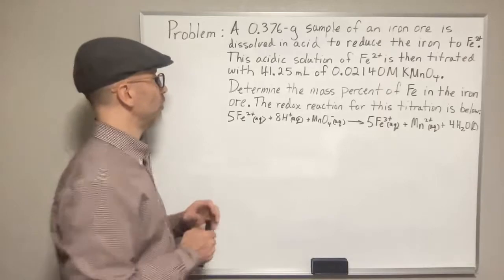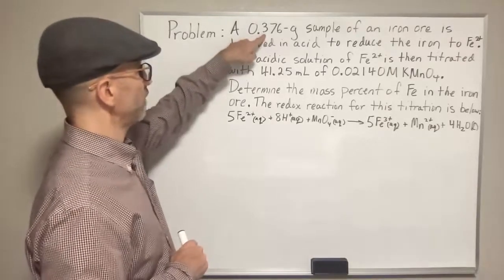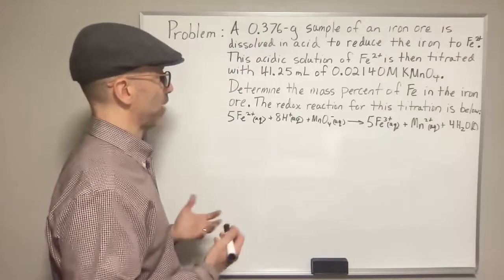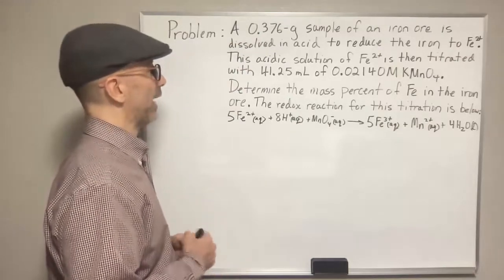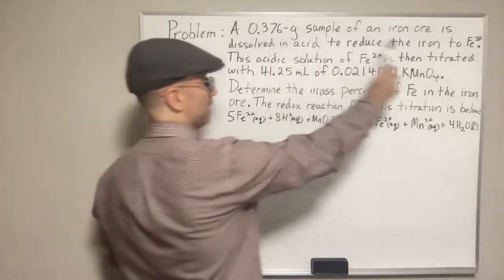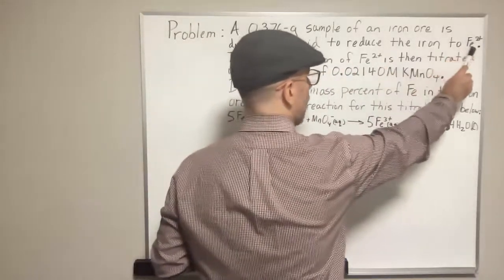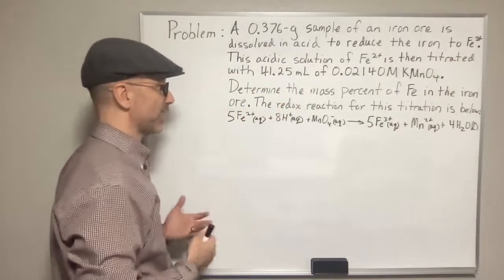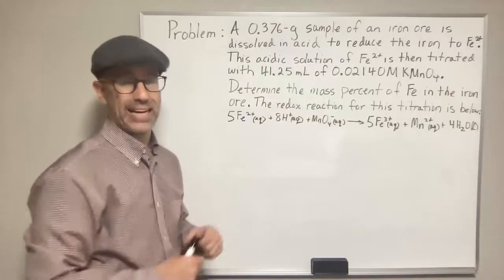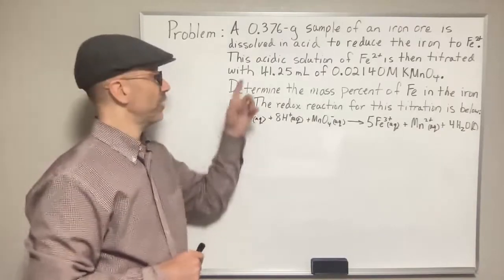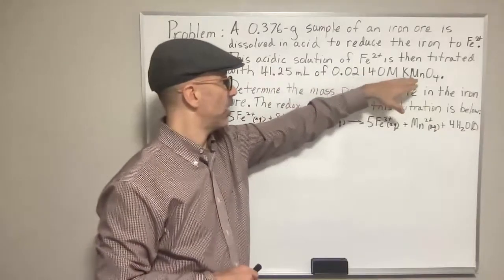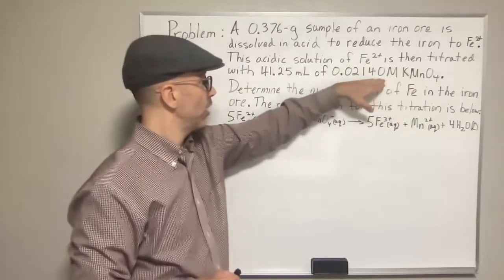All right, so they're giving us this sample of iron. It's 0.376 grams of iron ore, and it has a certain amount of iron in it. They used acid to get the iron in a 2+ state. And then to figure out how much iron was in that acidic solution, they used titration where they added a certain molarity of KMnO4.